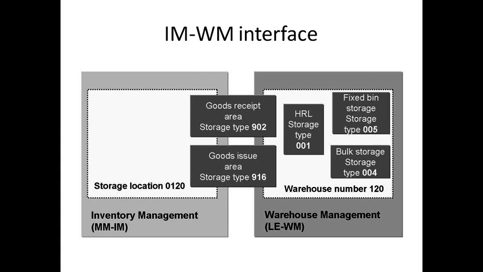Okay, so whenever we receive material at a storage location, we call it in-transit storage types. See, for example, you have received some material. The material has arrived at your premises, and you will not directly take it to your warehouse, right?